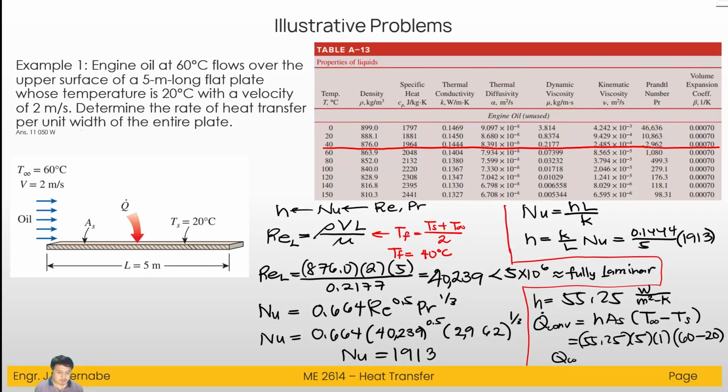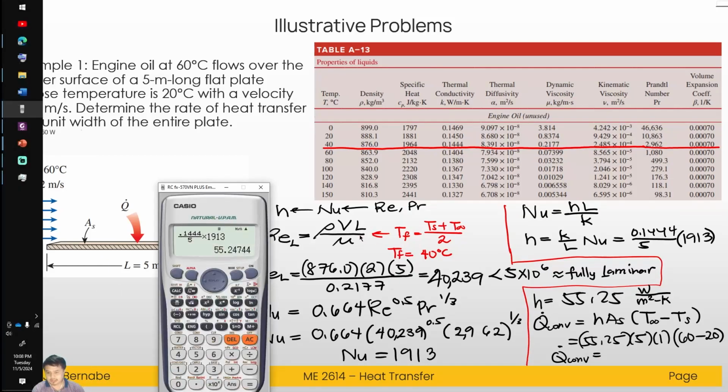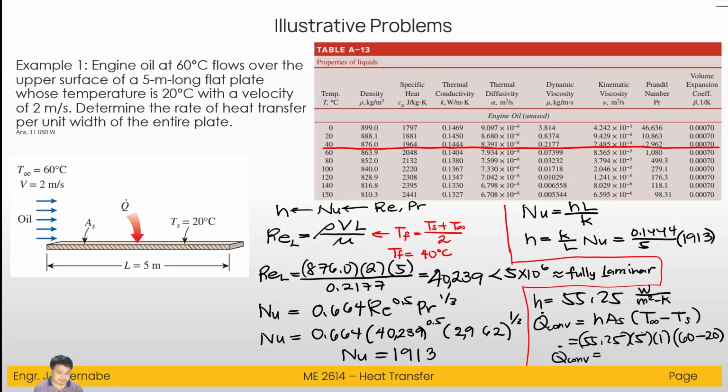So the answer for the heat gain is 55.25 times 5 times 1 times 40. There will be rounding errors, of course. This will be 11,050 watts. Okay, so that's it.